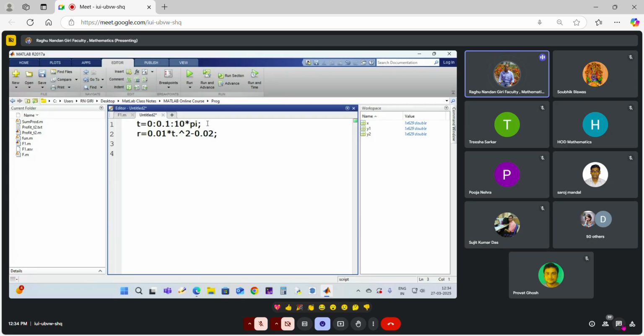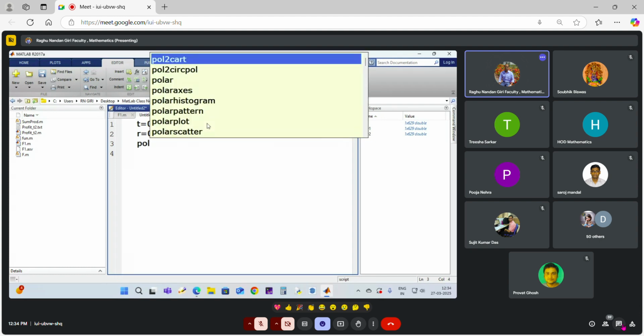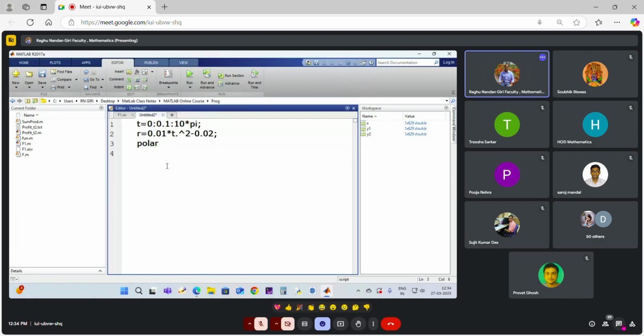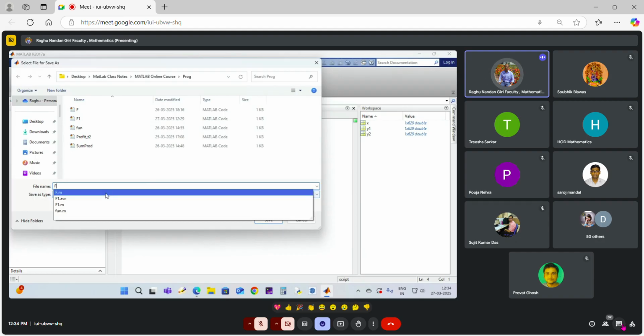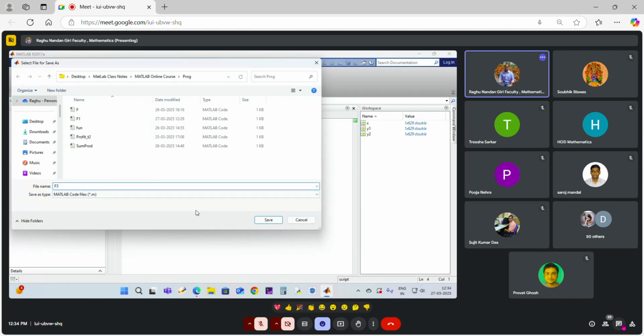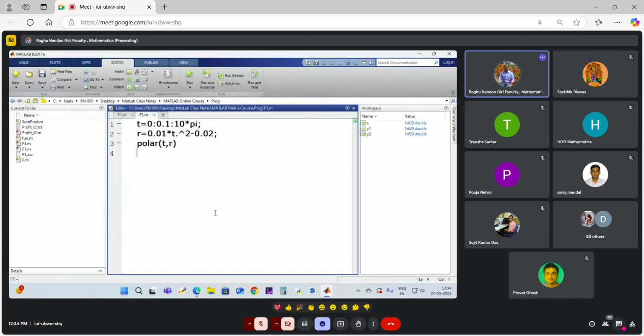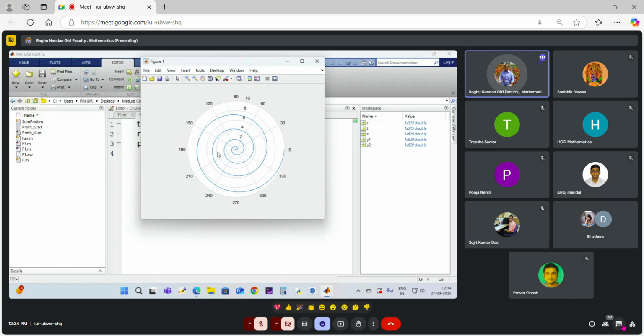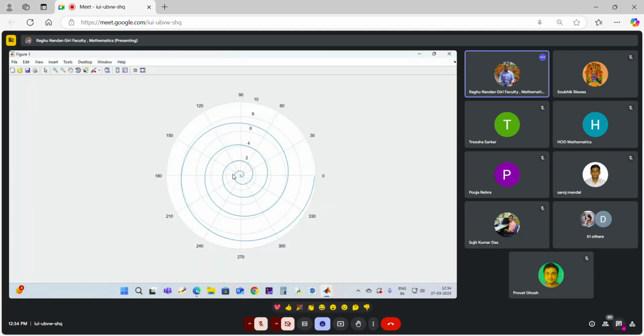Then I'm going to write the polar command with t and r. When this runs, see the figure.